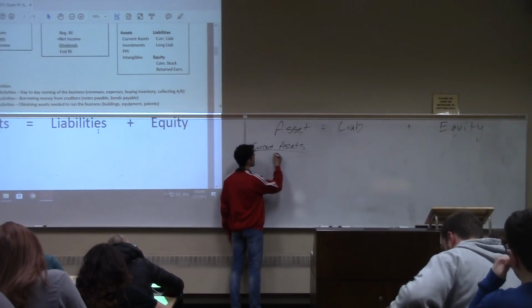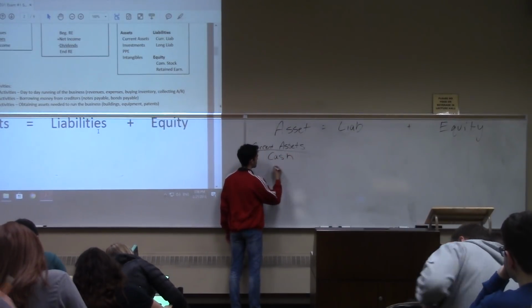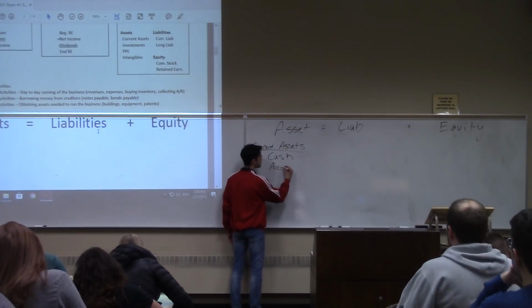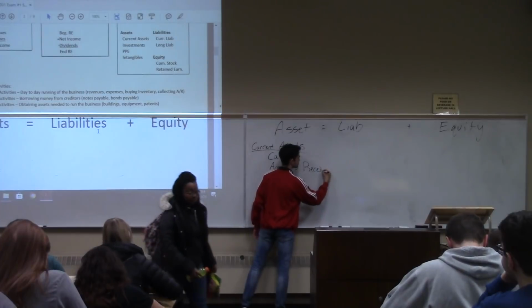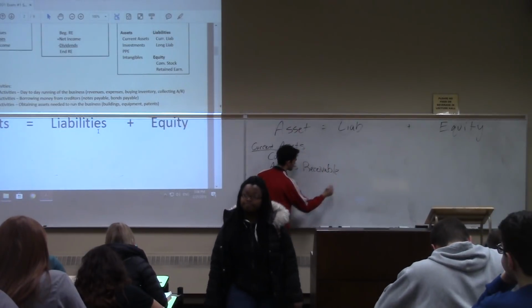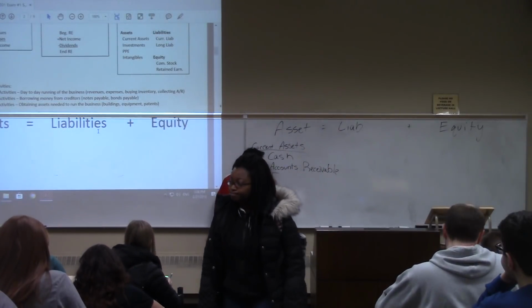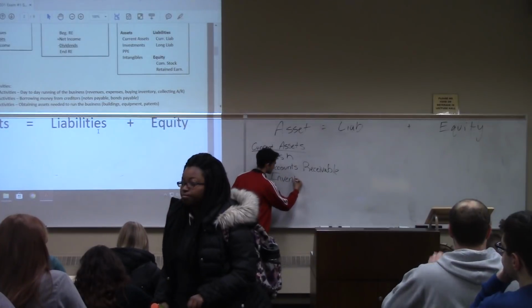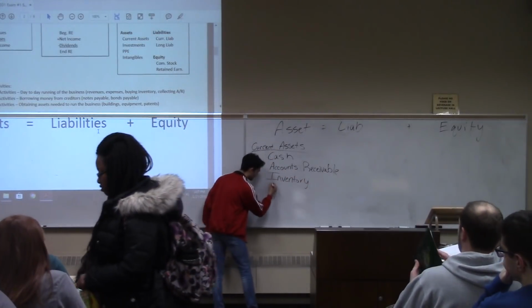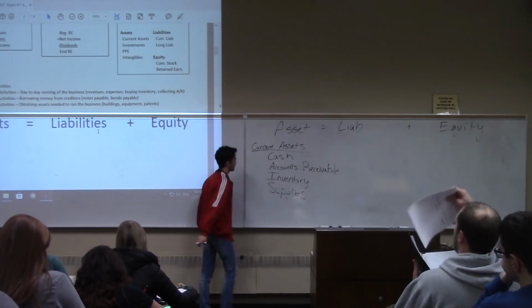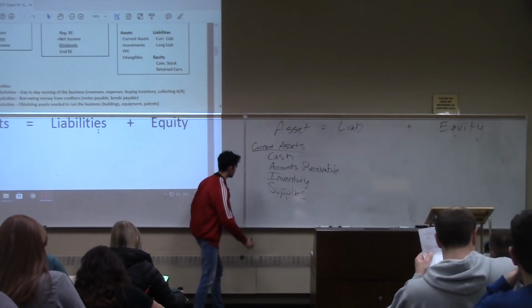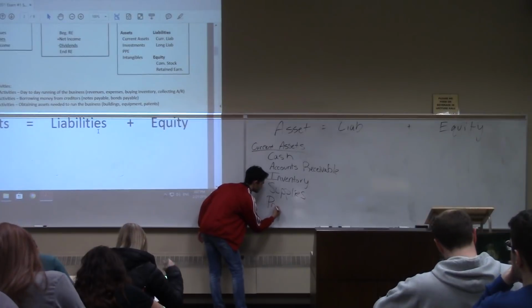Good examples are cash, accounts receivable, inventory, supplies, and prepaid expenses.